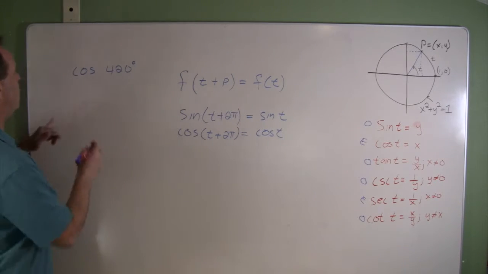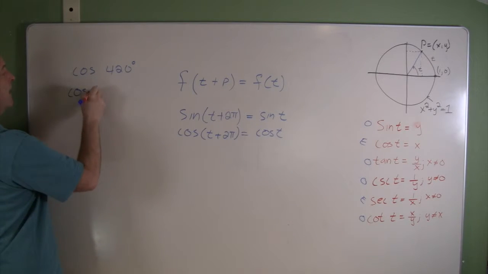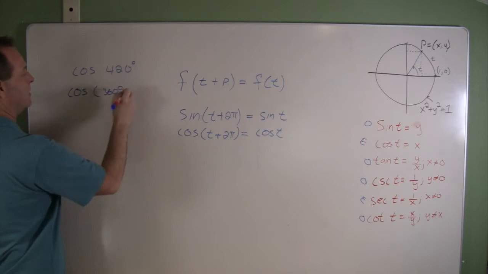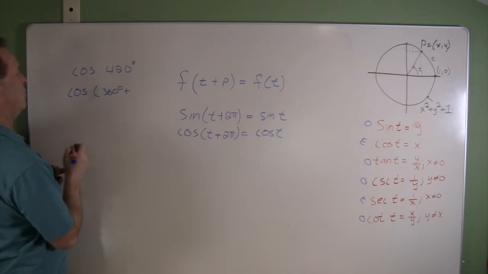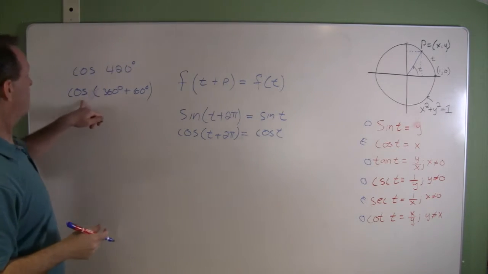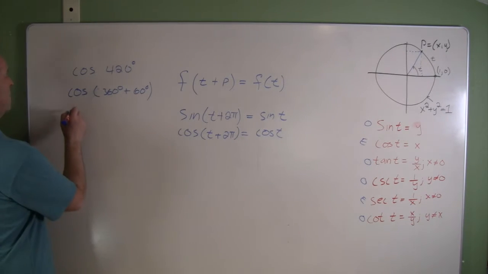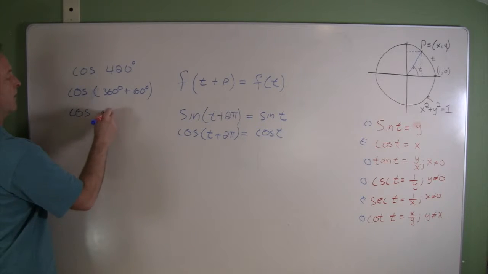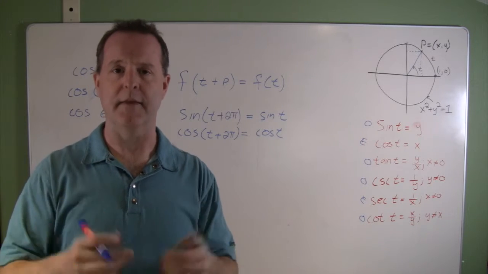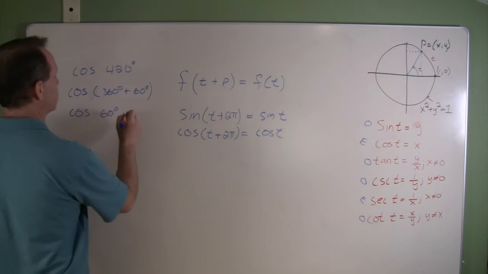The cosine of 420 is the same thing as 360 degrees, one rotation, plus what's left over after that, 60 degrees. And since the cosine of 360 degrees plus 60 degrees is the same thing as the cosine of 60 degrees, now I just have to figure out the cosine of 60 degrees. Again, that's one of the primary angles that pops up all the time, and that was 1/2.